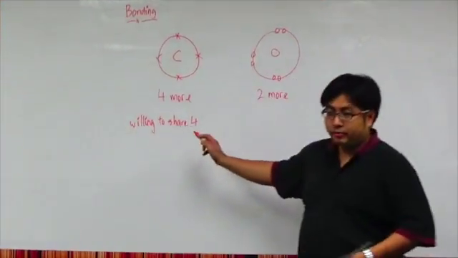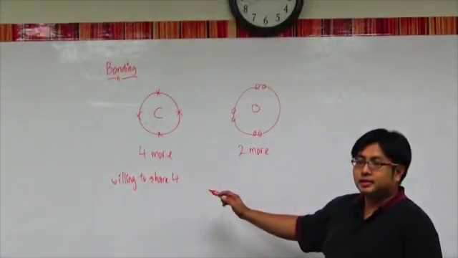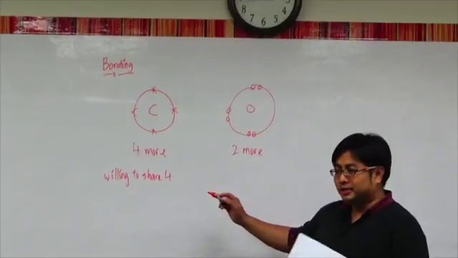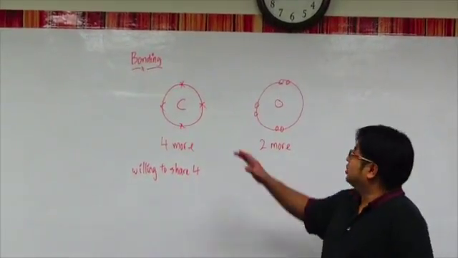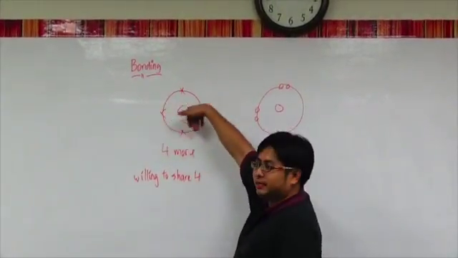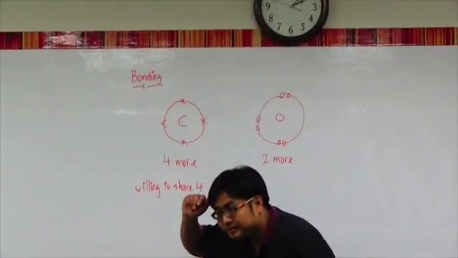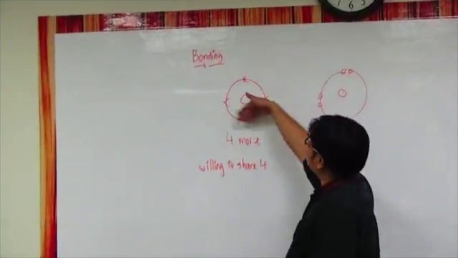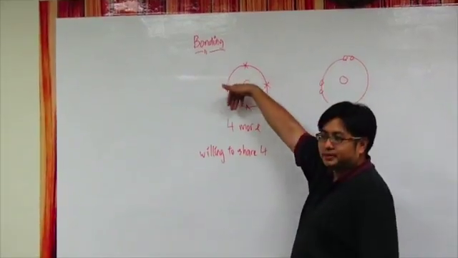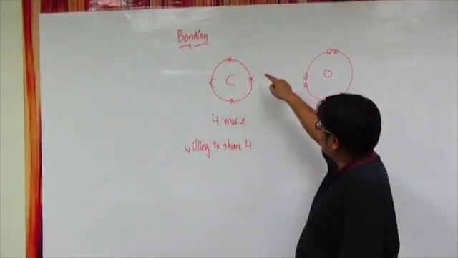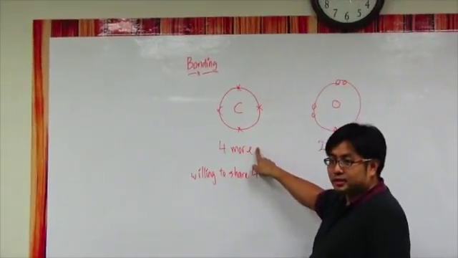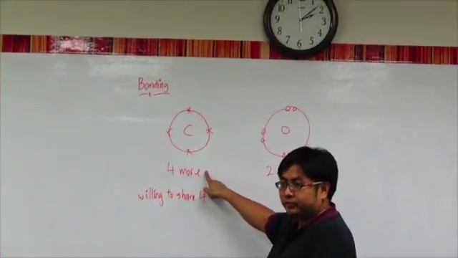Can everyone understand this point? What's the maximum number of electrons you need to be stable? 8, right? So 8 minus 4 is 4.